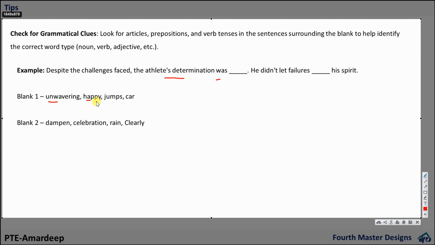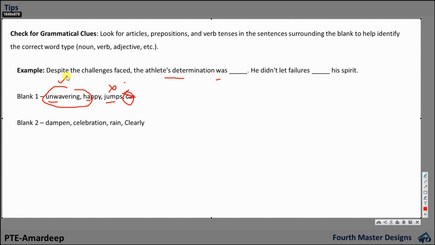It doesn't fit in the context. The athlete's determination was jumps. This is totally incorrect, and it should not even be in the list. So I need to decide between unwavering and happy, and grammatically only unwavering makes sense.